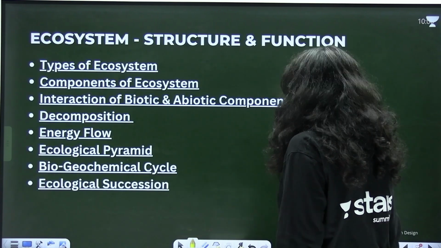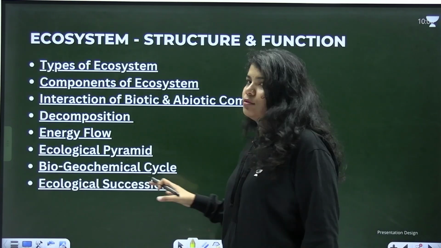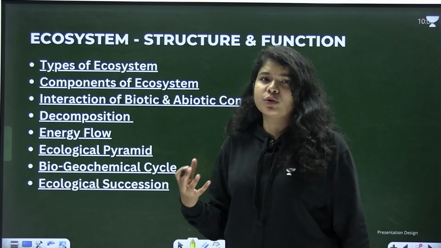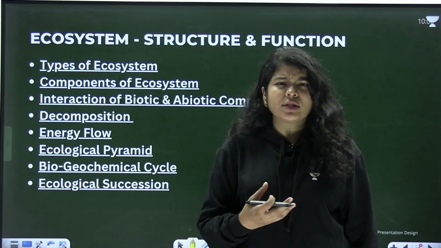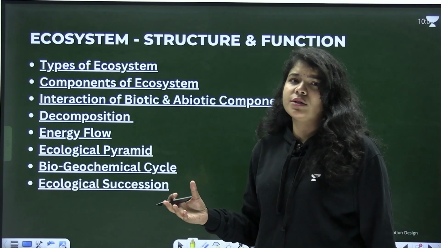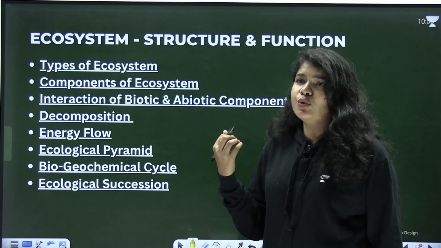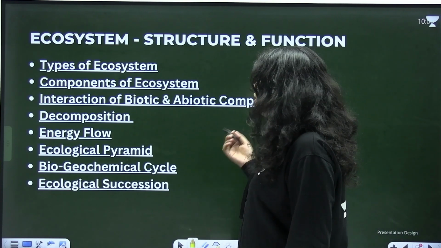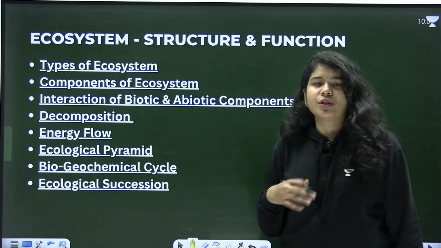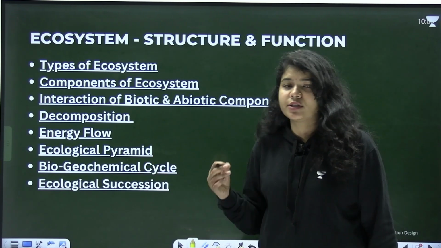In the next unit, we have ecosystem. Ecosystems are majorly talked about while we talk about the Ramsar sites, while we talk about new additions to the reservoirs and everything related to that, wherein we discuss the components of the ecosystem, the biotic and abiotic factors, and the related stuff.